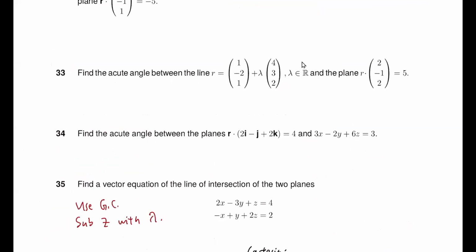34. Find the acute angle between the planes, blah blah, and blah blah. So here when you find the acute angle between the planes, can you visualize? I draw for you nice plane. This one you must be able to visualize on your own.